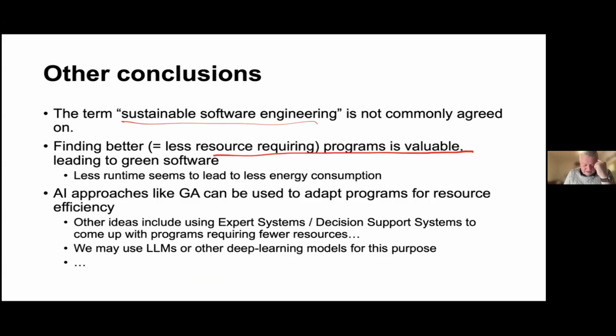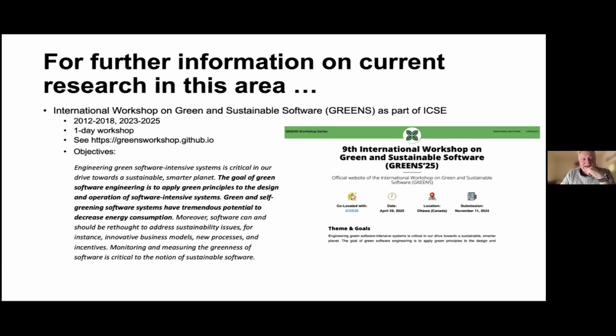Anyhow, we need to reduce runtime so that we can, in this case, always reduce also the energy consumption, and so on. Genetic improvement can be used for that purpose. So this is also interesting. The use of LLMs and other deep learning techniques or whatever would also be interesting to investigate. So these are some open research challenges we should tackle.